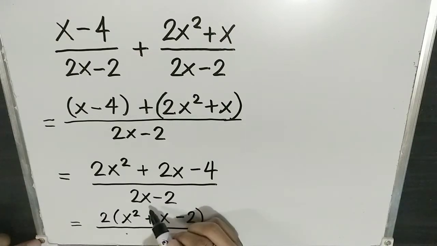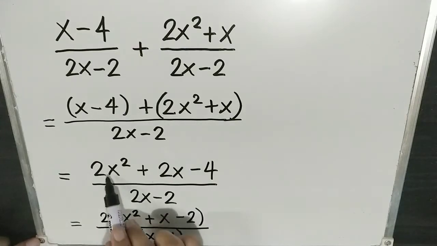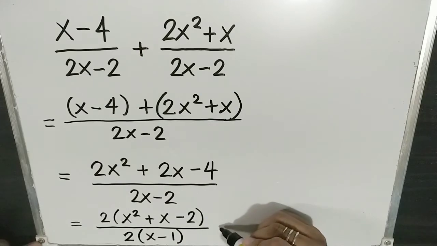You can also factor 2x minus 2 by the greatest common monomial factor, 2. You have x minus 1. Alright, so let's check if these are really the factors of each expression. 2x squared, 2 times x is 2x, 2 times negative 2 is negative 4. Check. 2 times x is 2x, 2 times negative 1 is negative 2. Check. Okay, so we got the right factors.